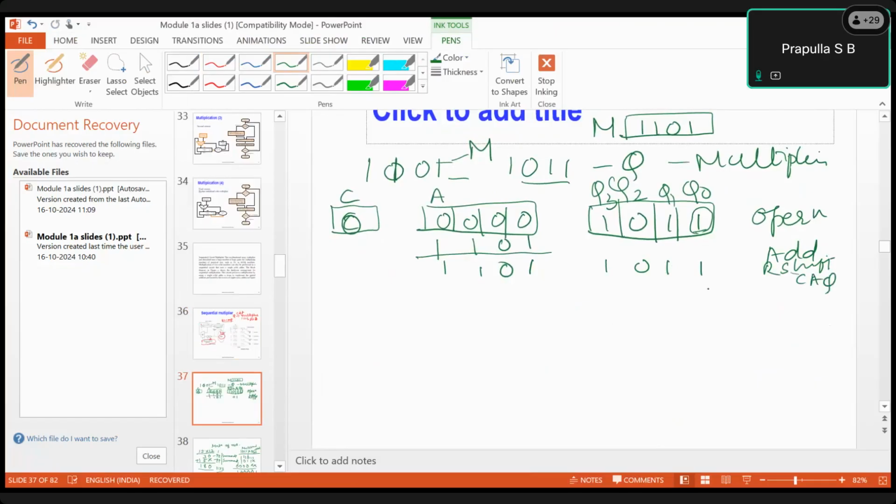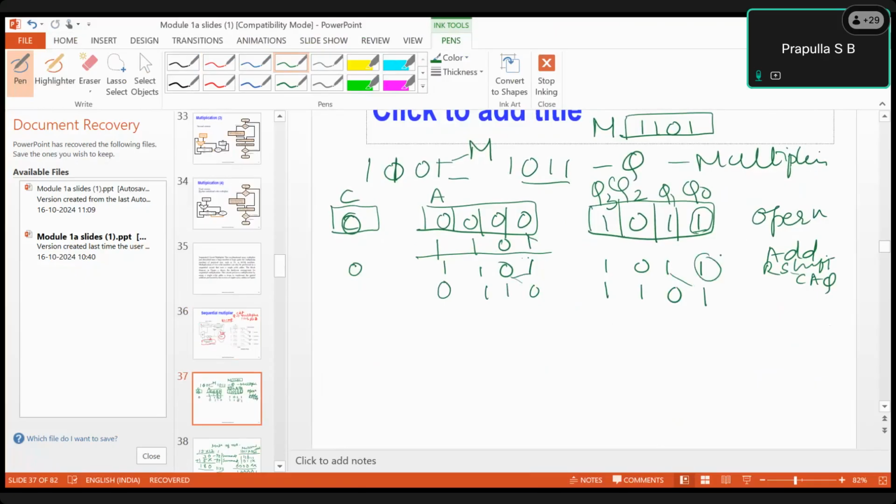When I perform right shift CAQ, see here I have a 0, correct? So when I perform this right shift, mind you, this 0 will come here, this one will come here, this one will come here, this 0, this one will come here, this 0 will come here, this one will come.